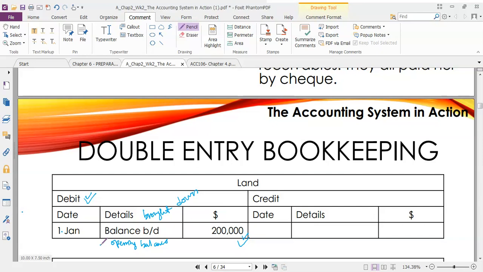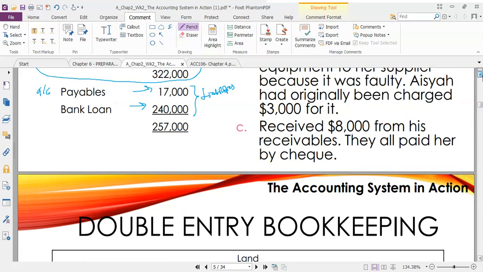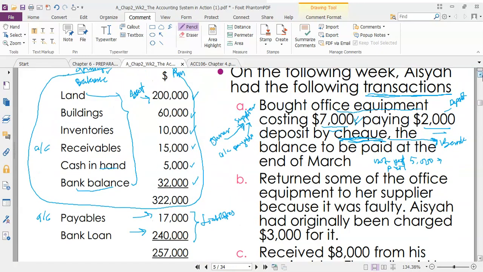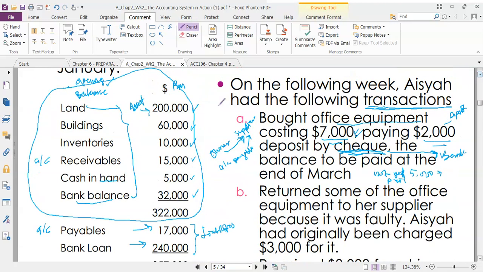Okay, let me repeat again. For the land account, the balance BD or opening balance, we put on the debit side, 200,000. Where did we get the 200,000? Looking at the top, it tells us land has 200,000 opening balance.